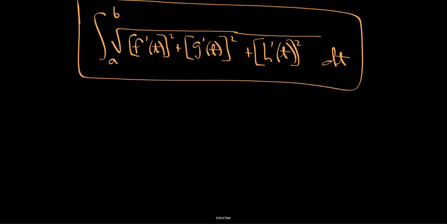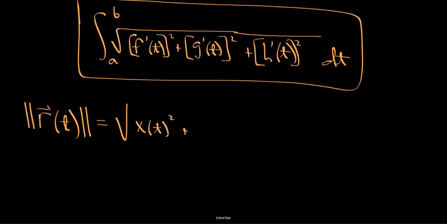If you want the magnitude of r prime, it's going to be this exact same thing: the x component squared plus the y component squared plus the z component squared.